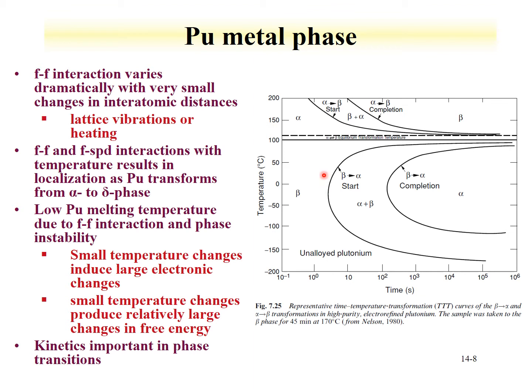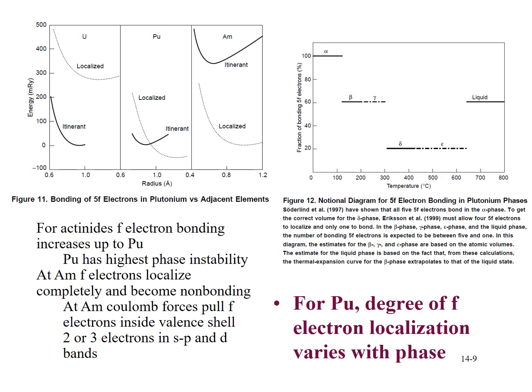This behavior is all related to the mixing of the different orbitals that can be occupied in the plutonium metal. This behavior for the actinides increases up to plutonium and then switches over from americium on, where the material is more like the lanthanides.